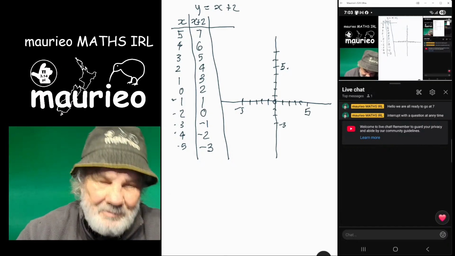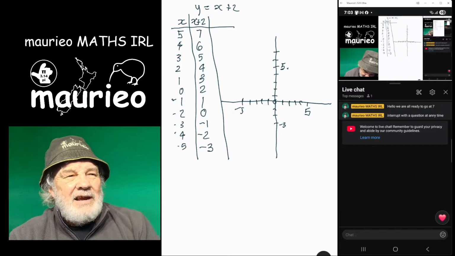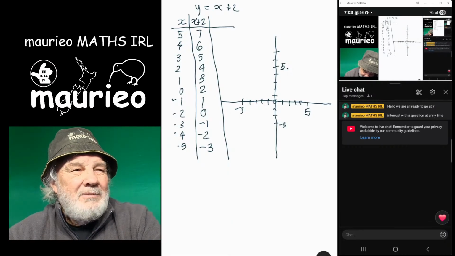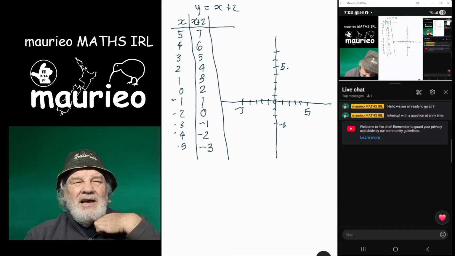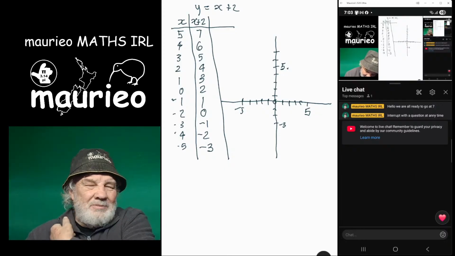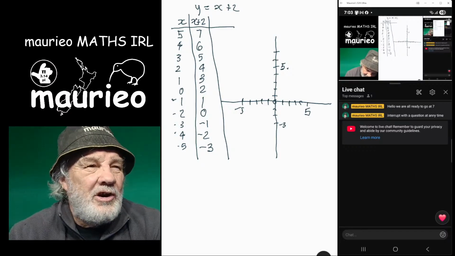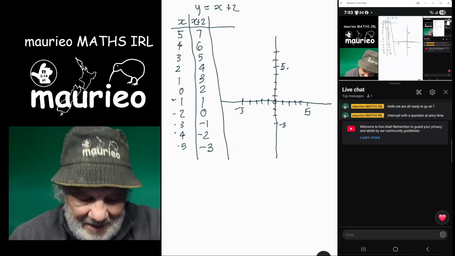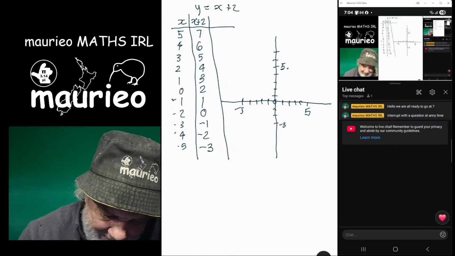So whenever we're asked to draw any graph, really, we can always draw it with ordered pairs, or we could use various online programs as well that we could use. So then we just start plotting them.